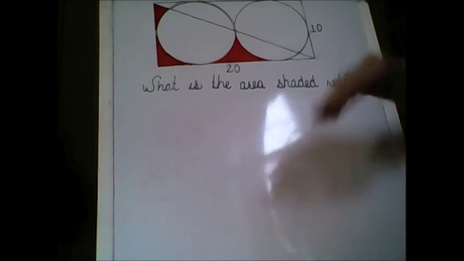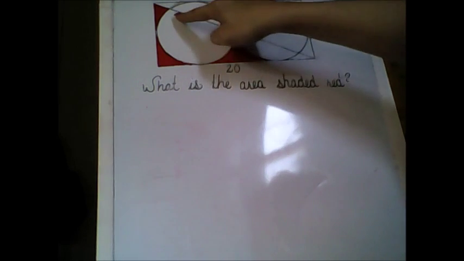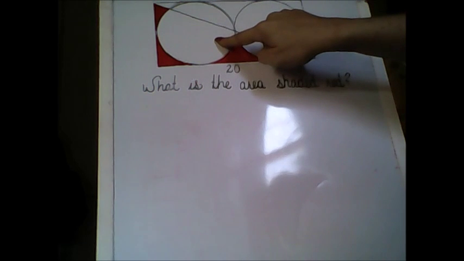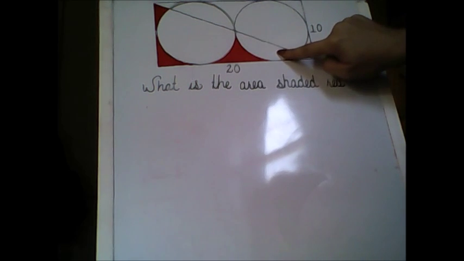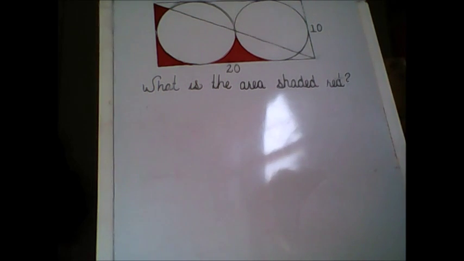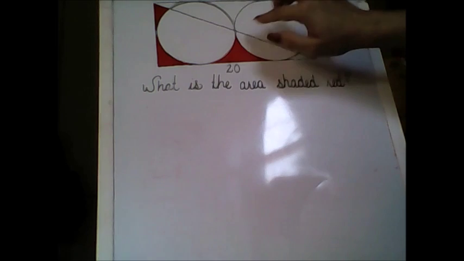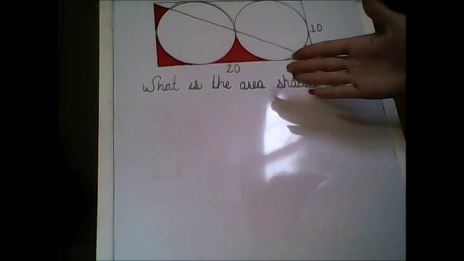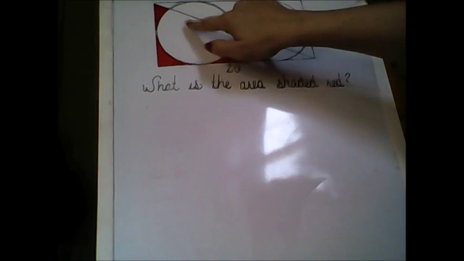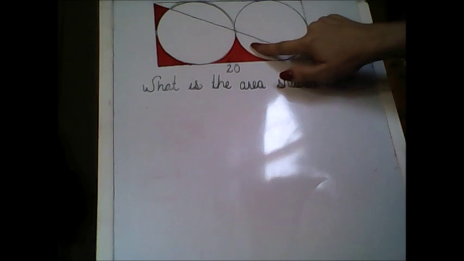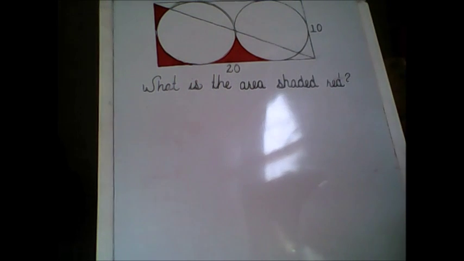If you take a look, you have this portion of the circle and this portion of the circle. If you take a mirror image and flip this triangle, you would see that it is exactly the same. So what that means is that this part of the circle and this part of the circle equals 1 circle.